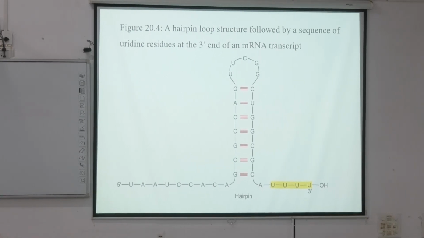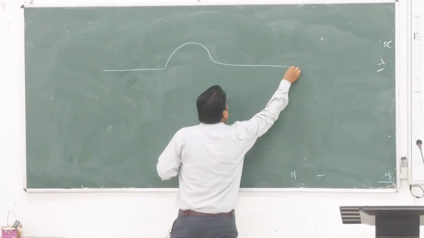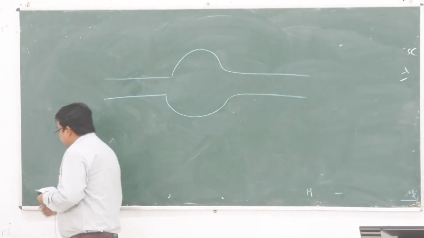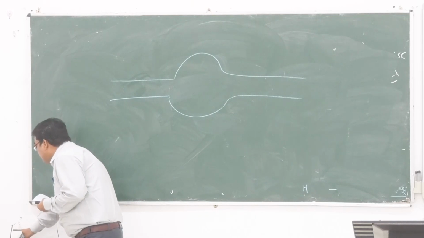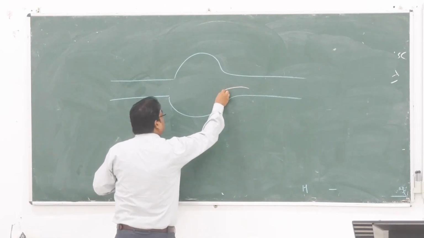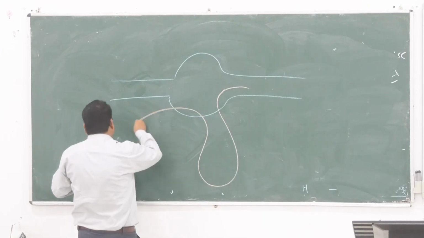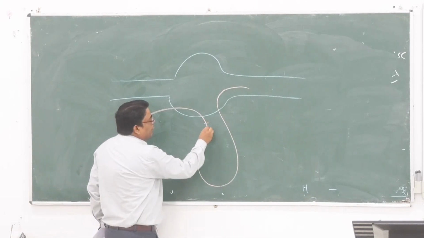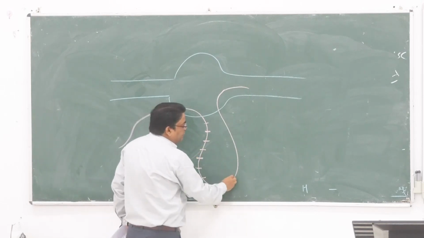We understand with this diagram very easily. It is simply an open complex which is formed by the RNA polymerase enzyme. And there is newly synthesized RNA, which forms this hairpin loop structure, which has nucleotide base pairs. Which nucleotide base pairs? It contains guanosine and cytosine, GC base pairing.